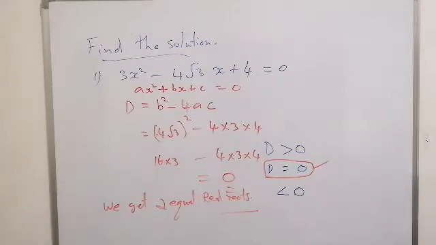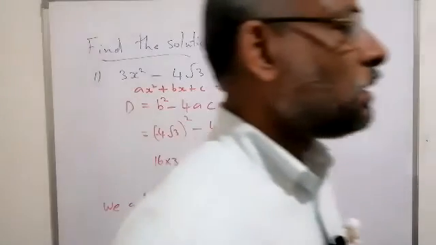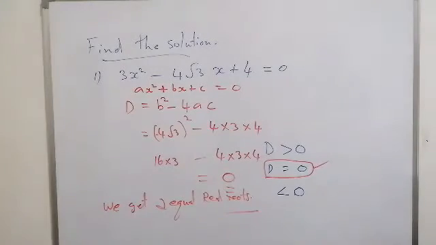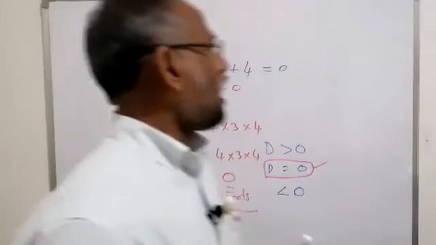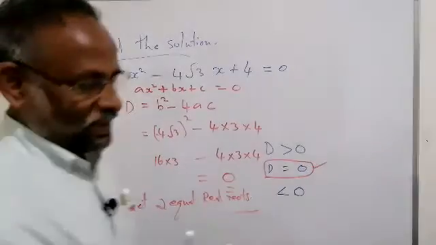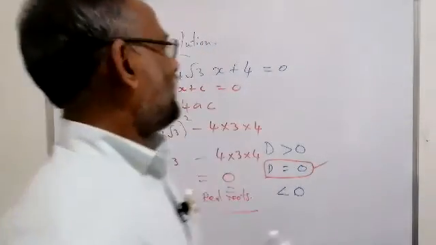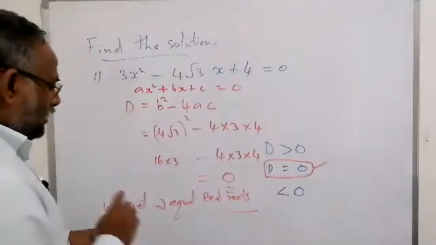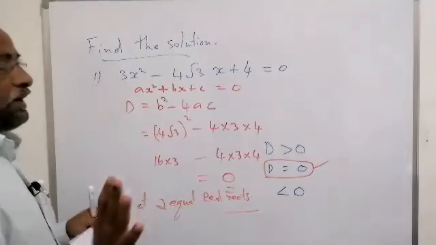Find out fast. Okay, fine. Sorry. Good. Now what we understood: we get two equal real roots.